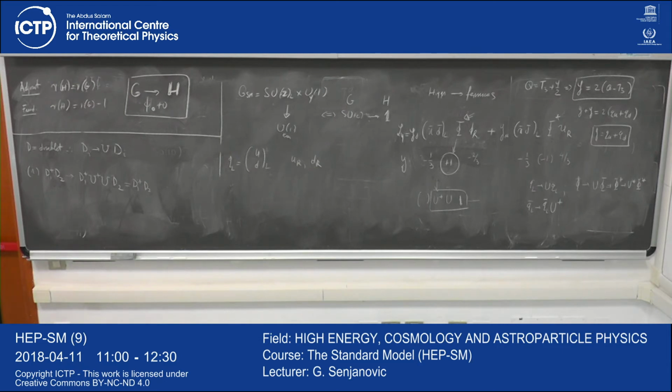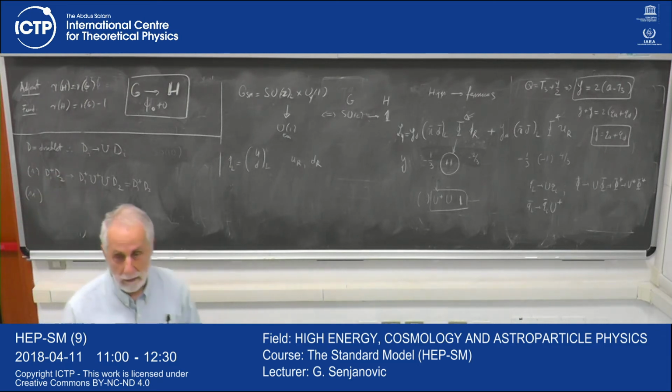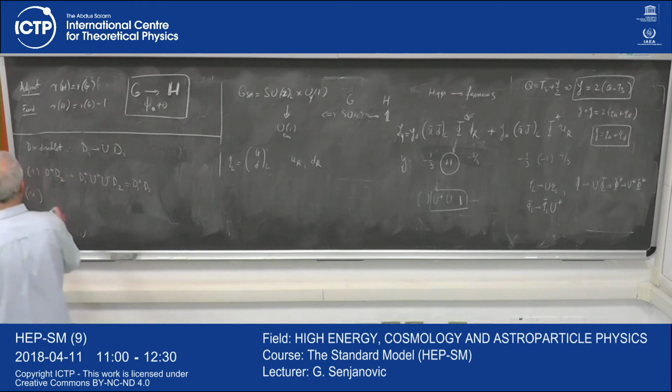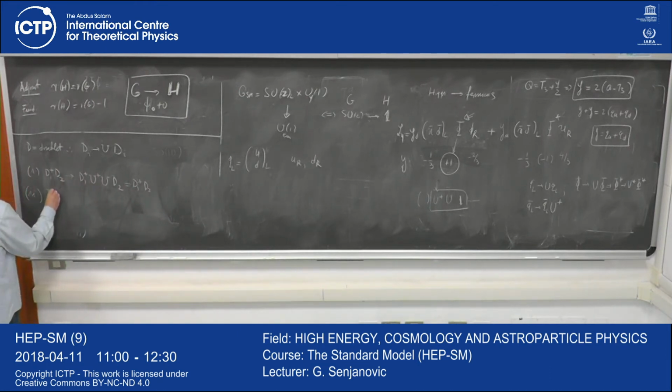0. There is yet another invariant that you're even more familiar with, from when I want to get spin 0. After all, the representations are built from the fundamental by symmetrizing and anti-symmetrizing; that's group theory. So this is also an invariant: D1 transpose epsilon D2, where epsilon is the anti-symmetric matrix.